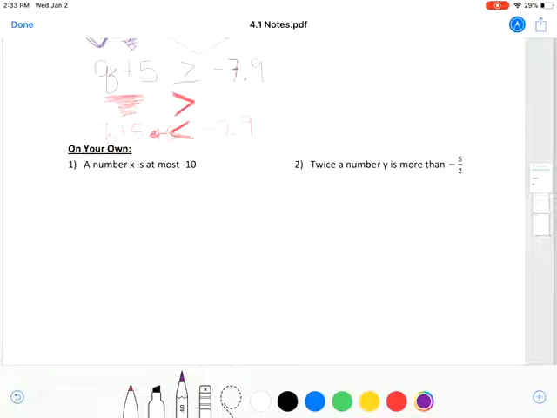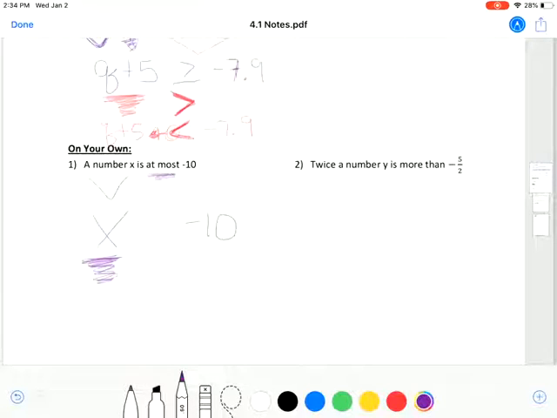Okay, number 1, a number x. We know that our variable is x, is at most negative 10. I'm going to put my negative 10 right here because I know that's the other part of the inequality sentence. If I know something is at most 10, that means whatever x is, it can't be anything greater than 10 because we're saying at most.